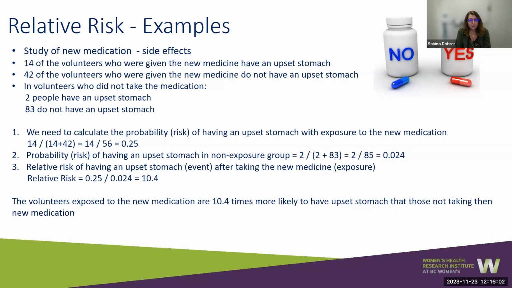Now we can calculate the relative risk of the side effect of upset stomach in our clinical trial. Volunteers exposed to the new medication are 10.54 times more likely to have an upset stomach than those that didn't take it. Based on this and additional measures, we can decide if our new medication is working, and if the percentage or risk of having an upset stomach is really high.